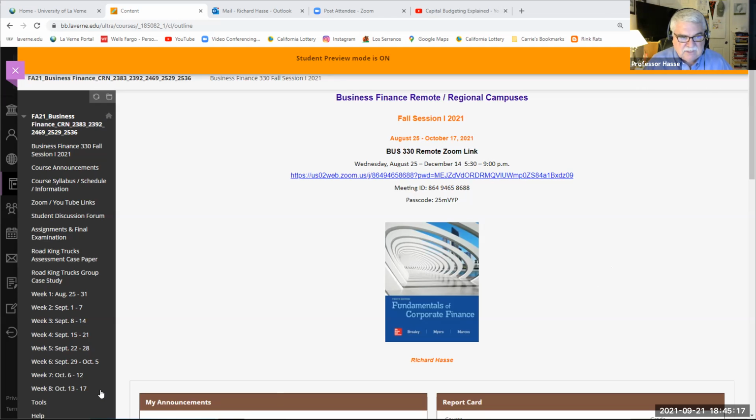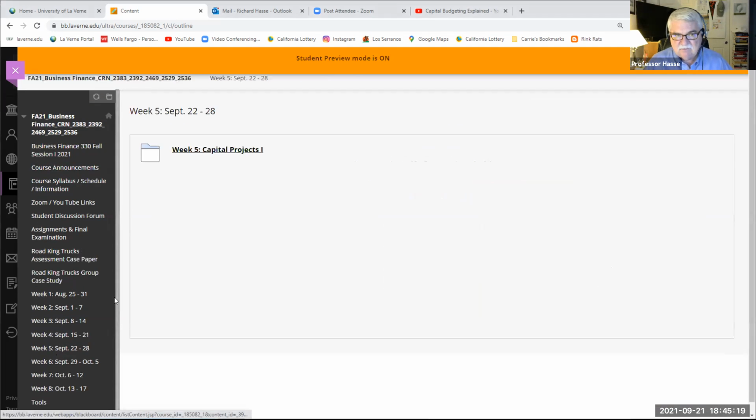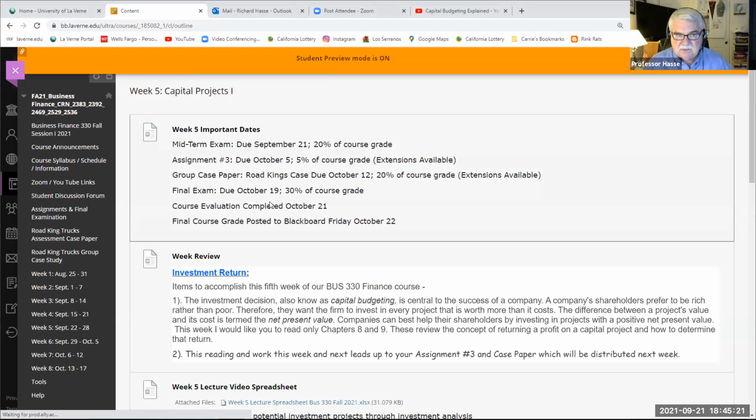If we go to week 5, this week's file folder, you'll see the important dates that remain in our course. We have 4 weeks remaining. I always post this in the second half of any class to make sure you understand when things are due and how much they're worth. The midterm is due tonight, the 21st.